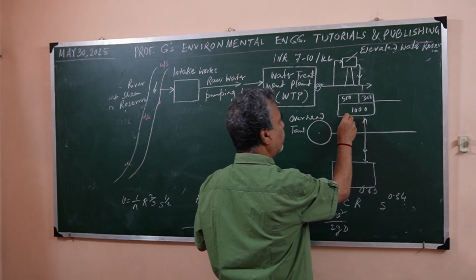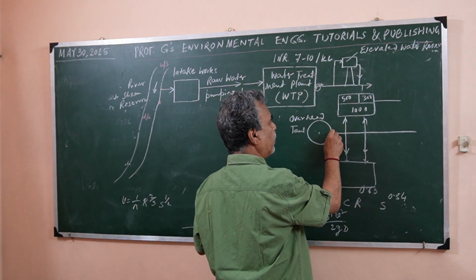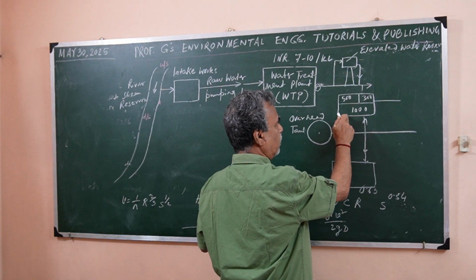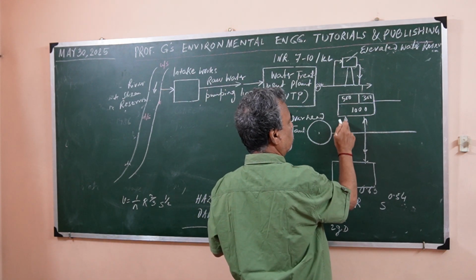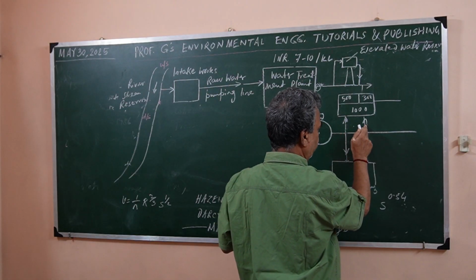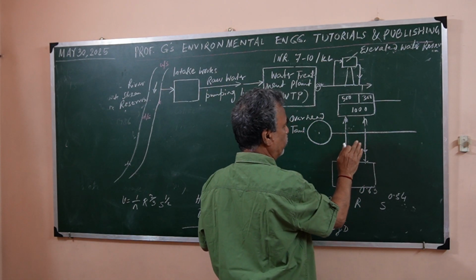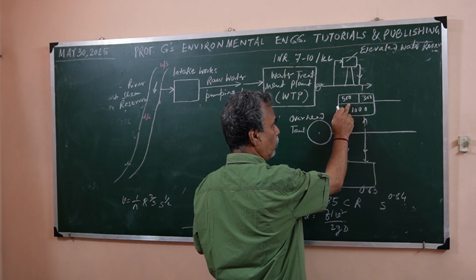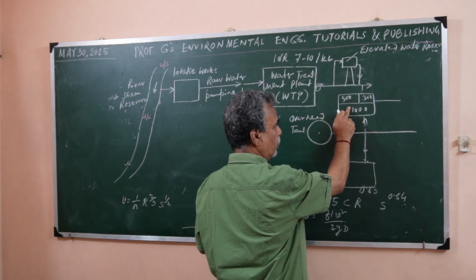So when you design the supply here, you have to decide what head is to be maintained, and what the supply and the pipeline diameter will be. This would be decided based on the head available and the requirement of the total quantity of water.